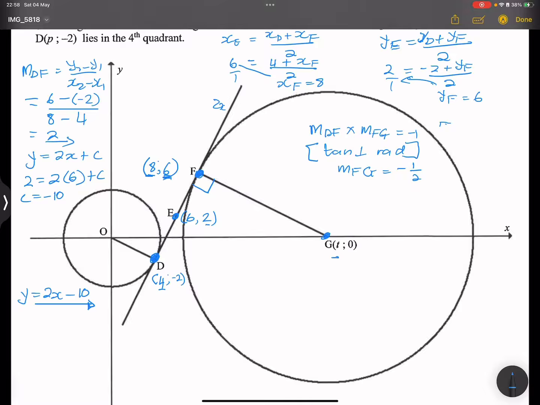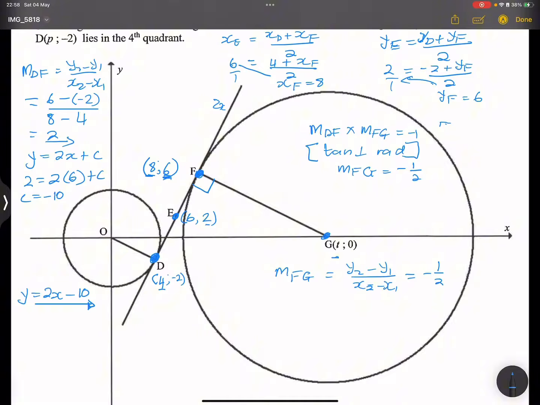So the gradient of FG would be y2 minus y1 over x2 minus x1. But remember, we said this gradient is equal to -1/2.